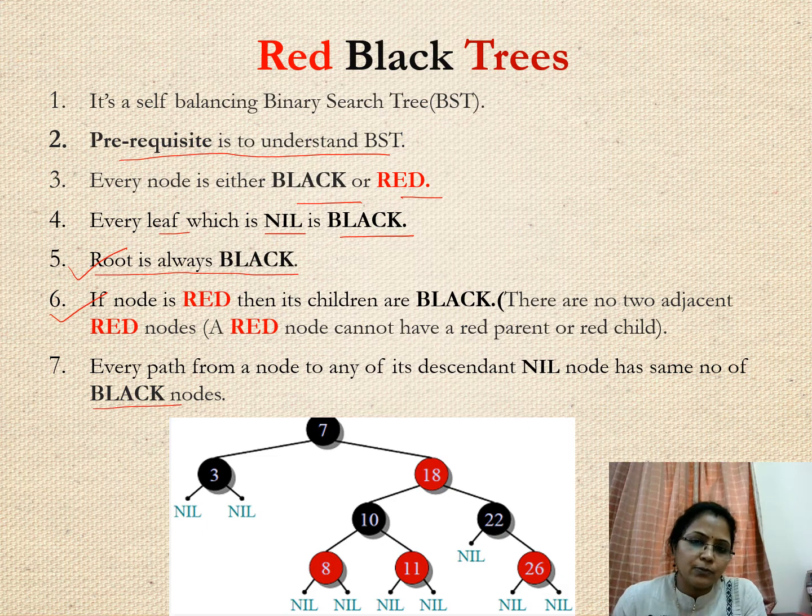That means in a given red-black tree, there can be different paths to reach the last leaf node. So in every path there must be the same number of black nodes. So this is a basic requirement of the red-black tree.